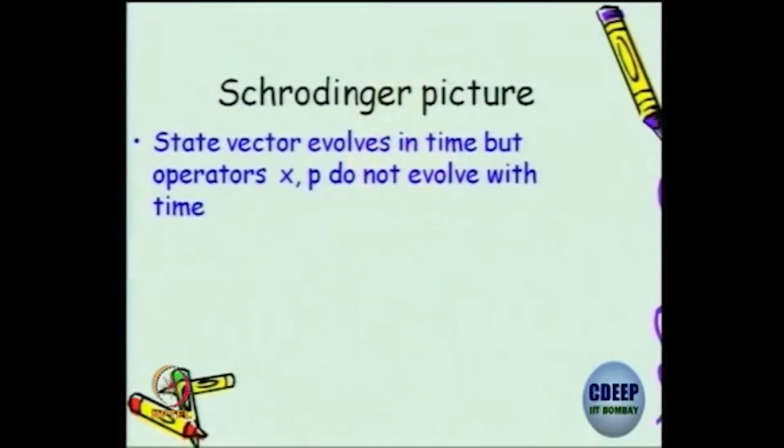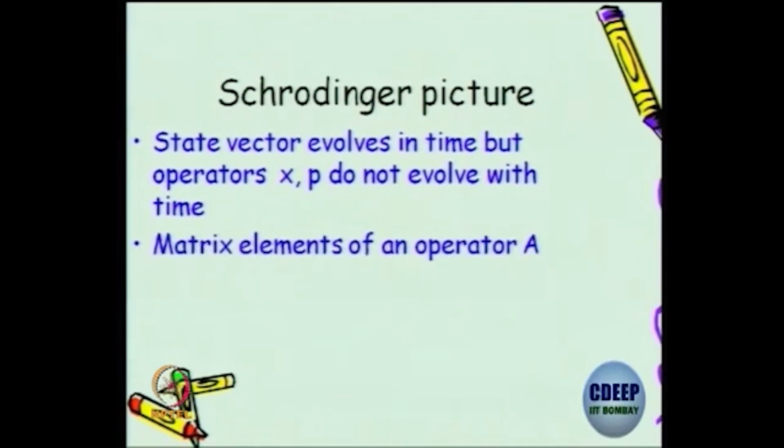State vectors evolve in time, but operators X and P do not evolve with time. As operators they don't. As matrix elements of those operators, that matrix element itself could be having an evolution in time due to the state. So take such operators which correspond to observables, if there is no explicit time dependence. This could be a position operator, or a momentum operator or angular momentum operator.